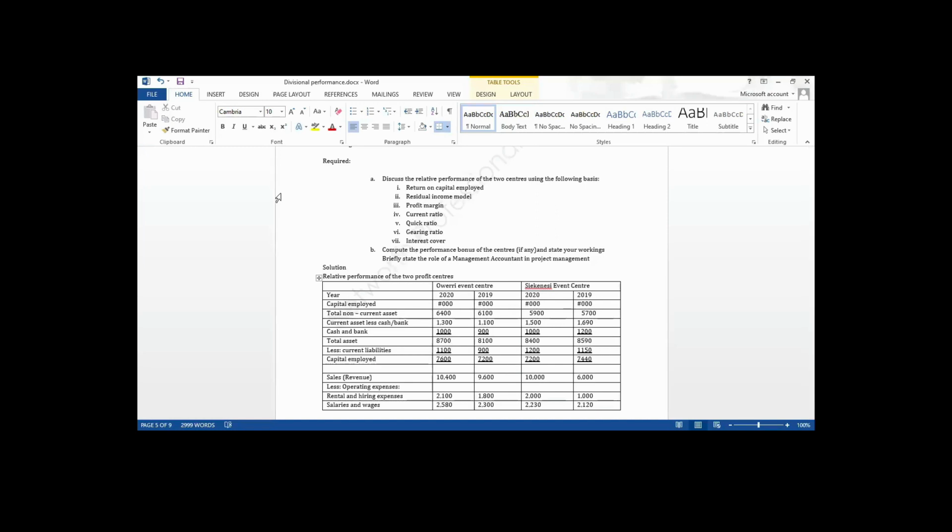For Owerri 2020, 8,700. We can confirm all. It's also good if you are working it at home.